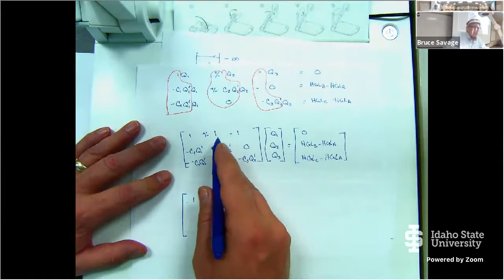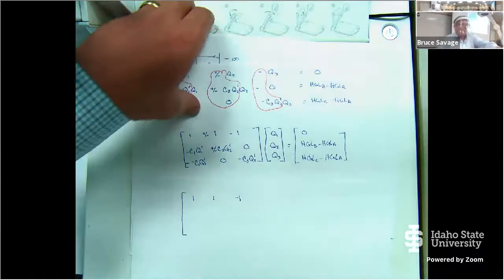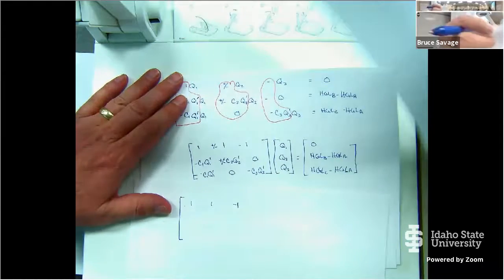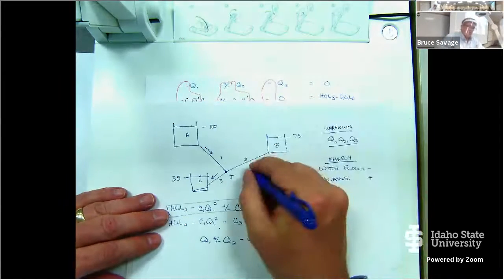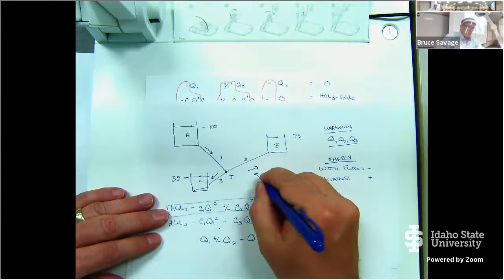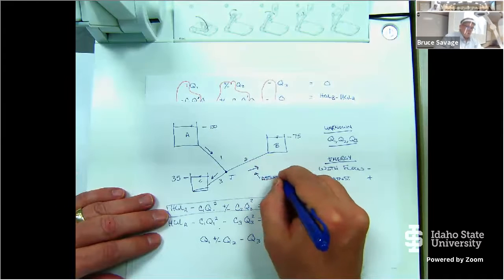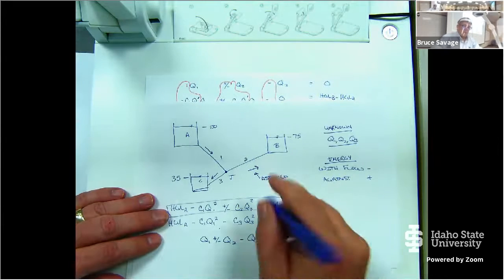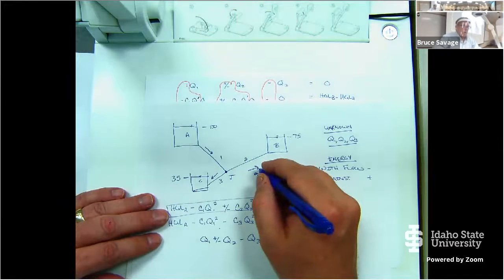So I'm going to assume, let me go back to my original diagram. Okay. If I assumed, actually, I guess I assumed the other direction, didn't I? Because I made it positive.